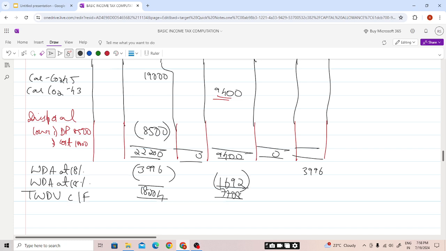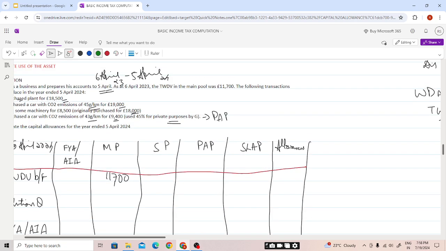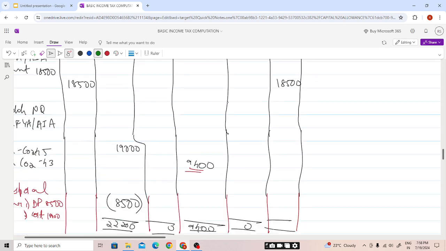Till here, no doubts. Now coming to the catch. What is the amount that will be eligible for capital allowance? As we have seen here, students, in the format, 45% is for private use. So business use will be 55%.